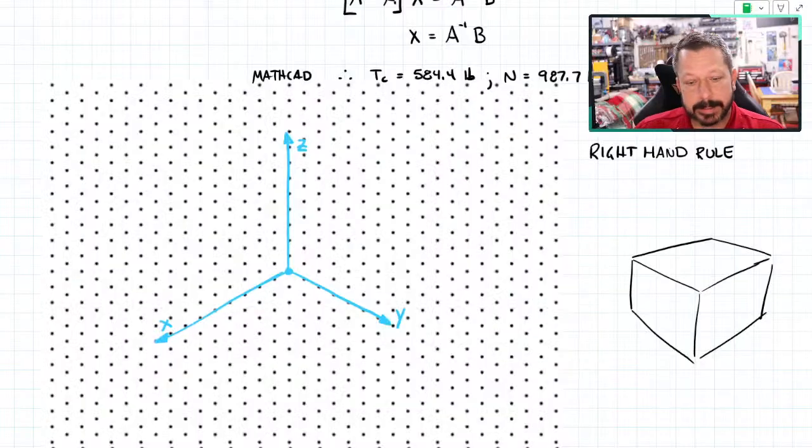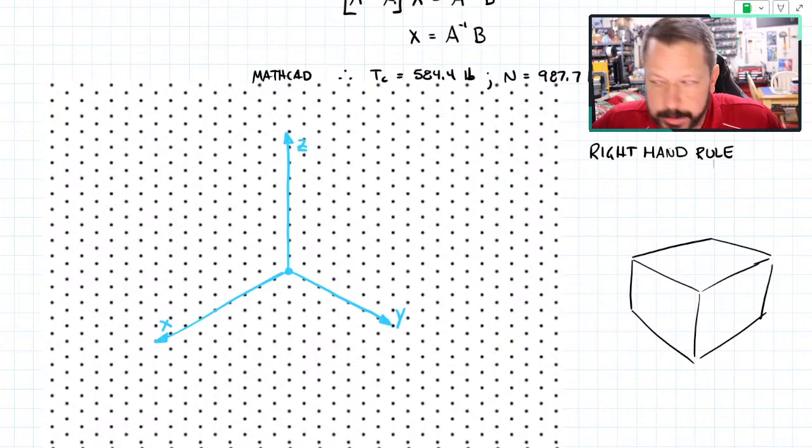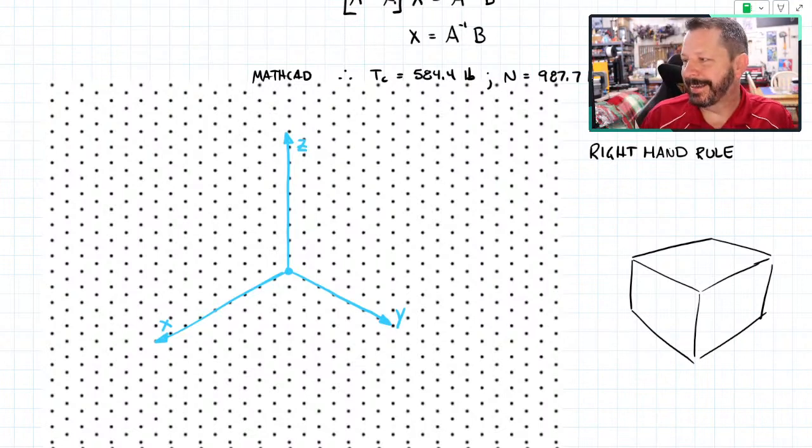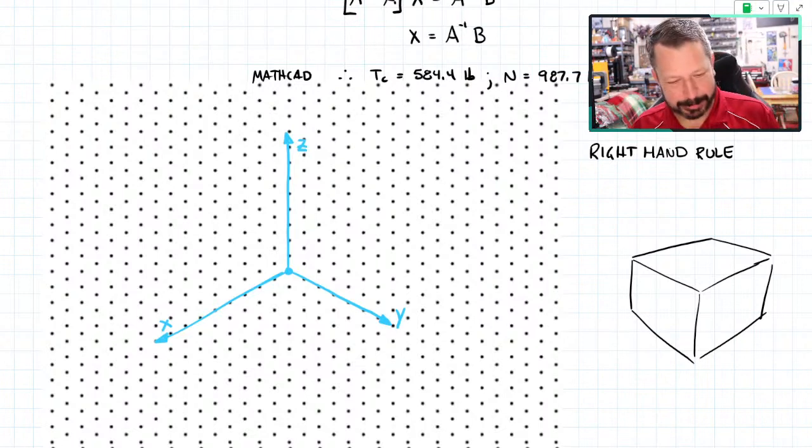But without doing that, we won't all be consistent on some things later on. So we have to have the right hand rule. That means X has to be this way, Y that way, and Z up. Right hand, thumbs up.